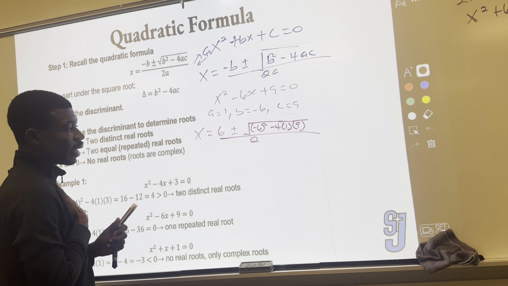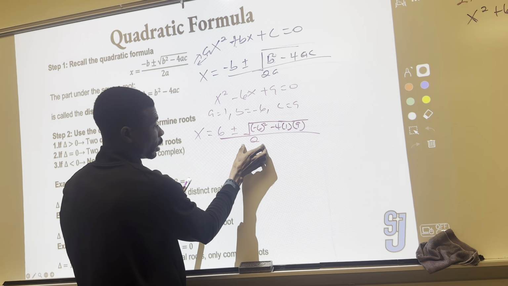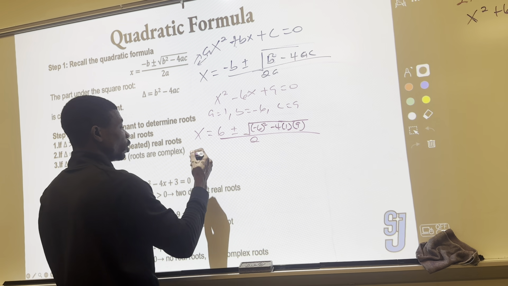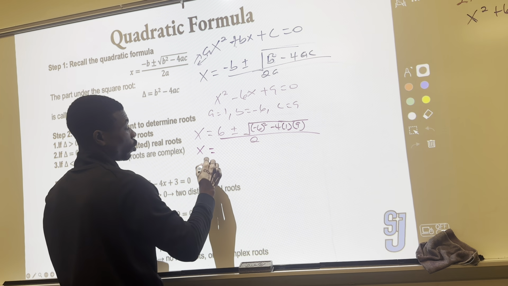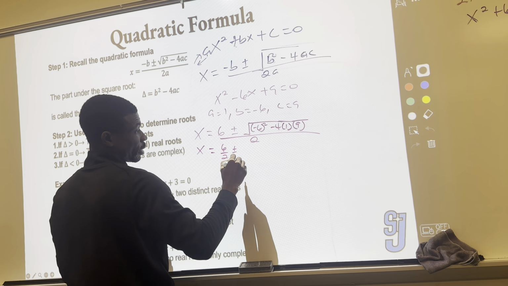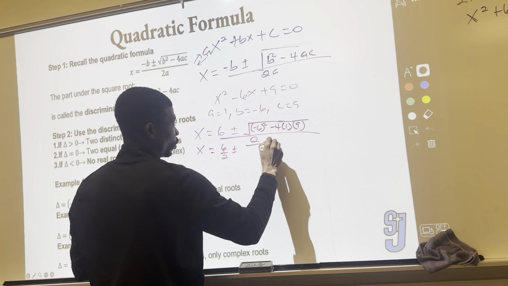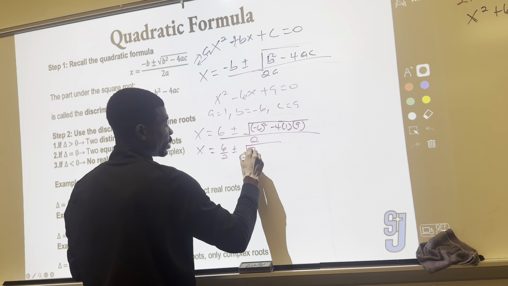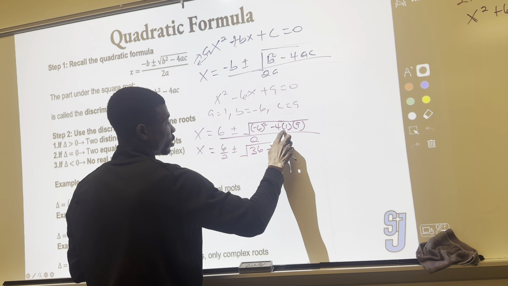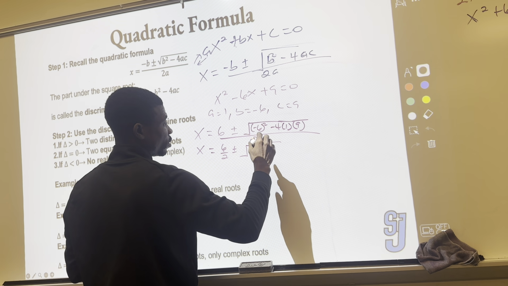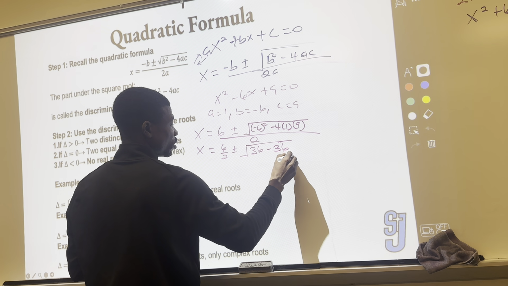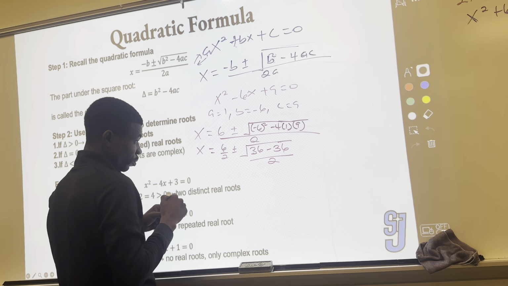At this point, if you like, you can split the denominator for both expressions. So I can have x equals 6 over 2 plus or minus square root of 36 minus 36, over 2.